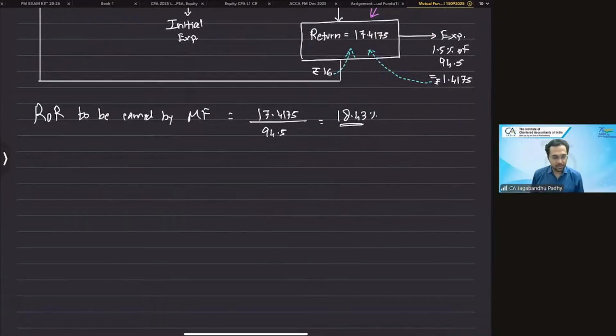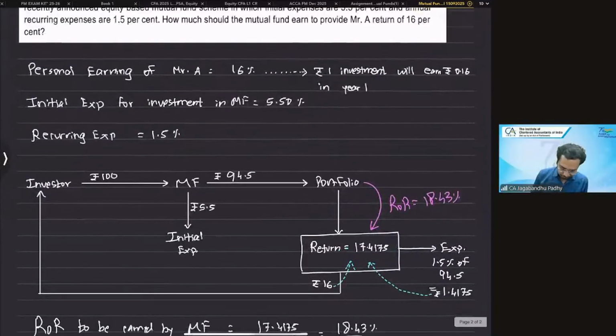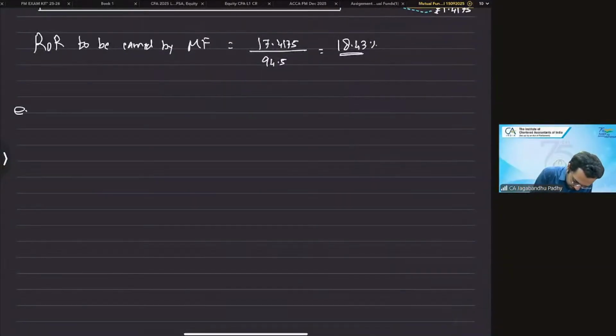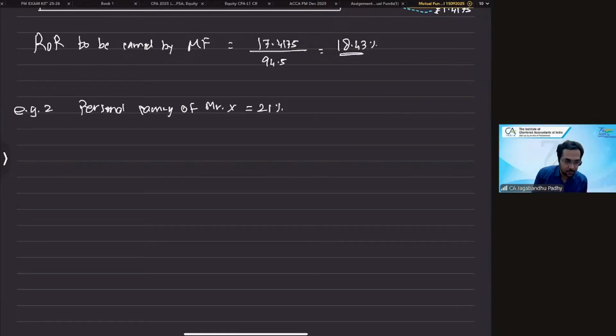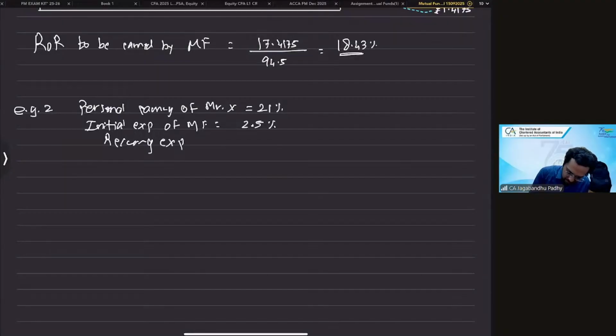So now let me give you another example of a similar type, and you try to solve it and give me the rate of return. Second example. Personal earning of Mr. X is 21%. Initial expense of the mutual fund is 2.5%, and recurring expense of the mutual fund is 2%.